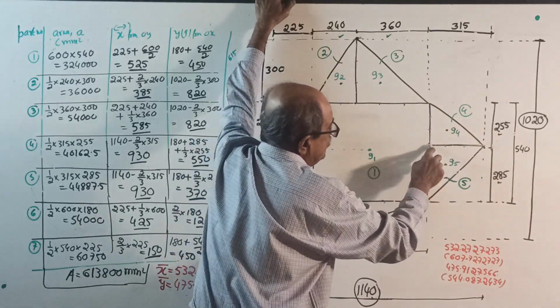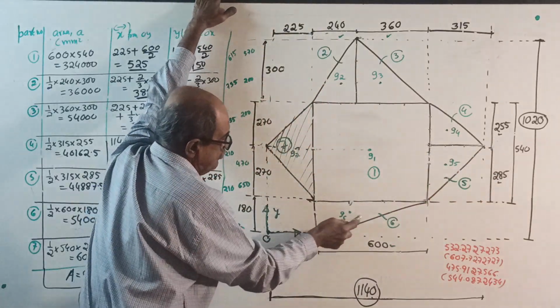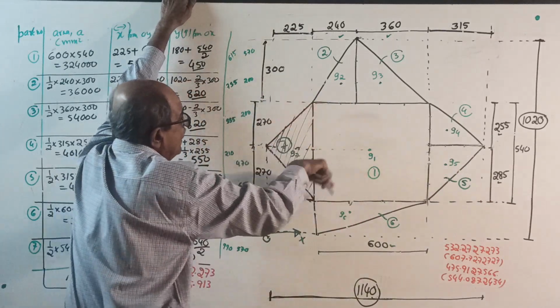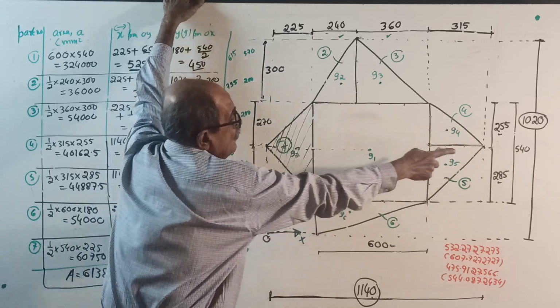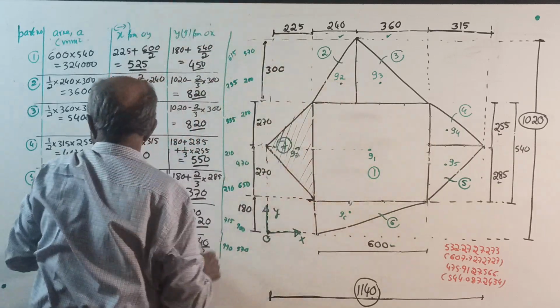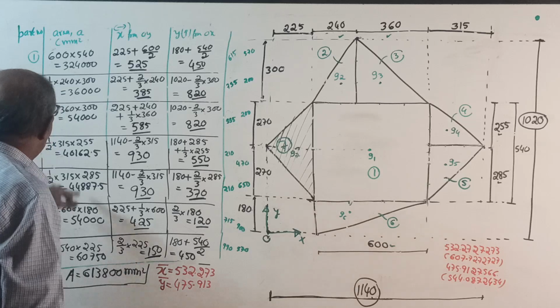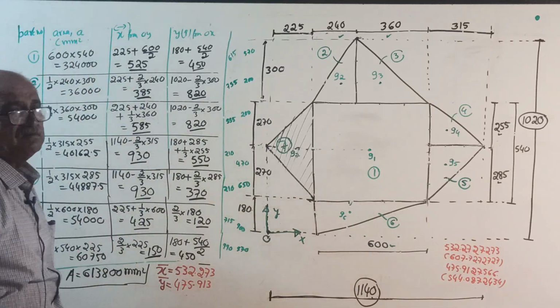Half into base into height for this one. Half into base into height for this one. This full triangle, half into base, base is the full base, 540 into 225. I wrote all the areas, add all the areas, you get the total area.